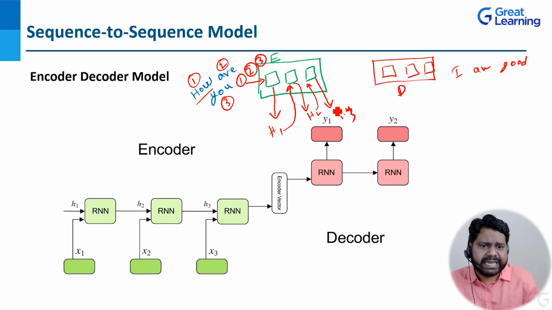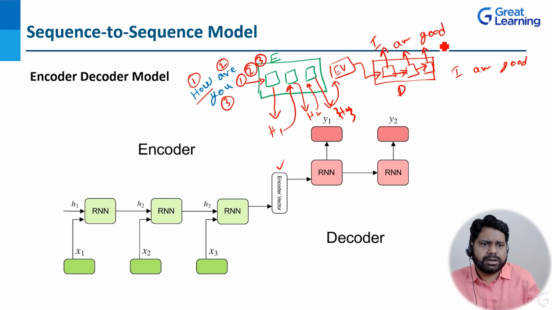This H3 will be your context vector, or we can say encoder vector, as shown here, and this will go to the decoder. The moment it goes here, it will generate "I", then this will go to the next context and generate "am", then the next and it will generate "good".